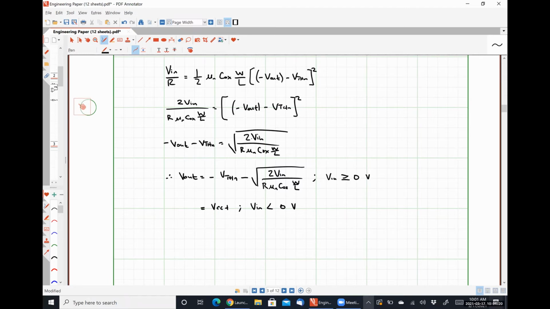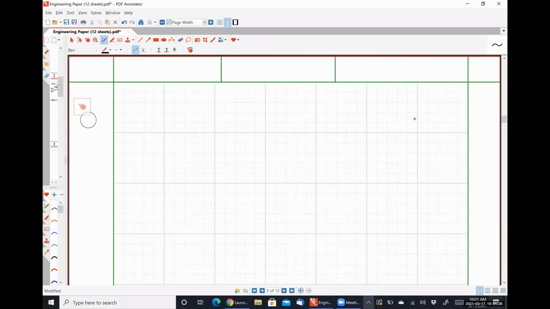All right. That seems fairly straightforward. So what happens if we put a PMOS transistor in here?